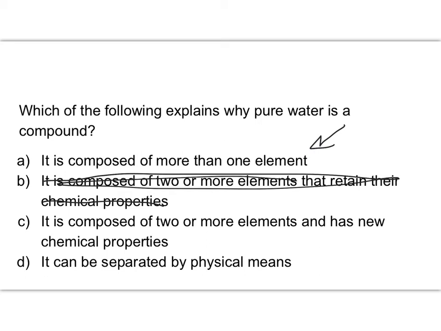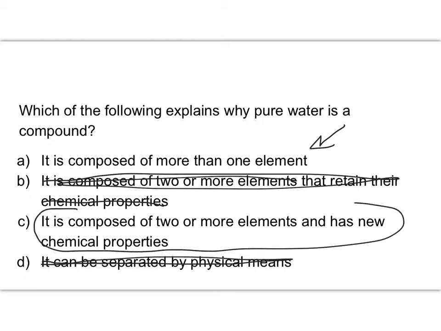And a compound cannot be separated by physical means. They can be separated chemically, but not physically. So actually, A and C would both be technically correct. A compound does have to be made of more than one element. But the most correct answer here is C. Okay, it's composed of 2 or more elements, and it has new chemical properties.